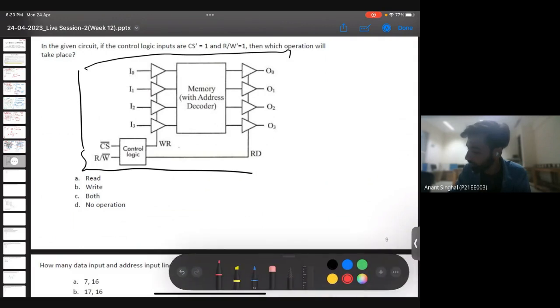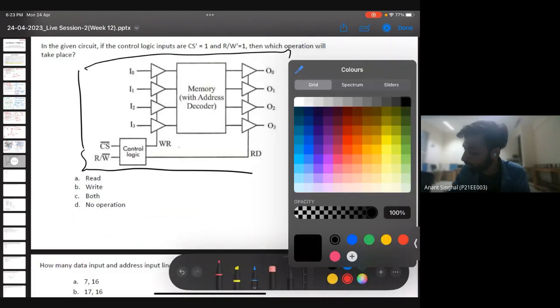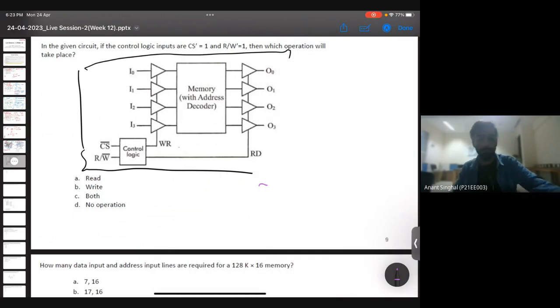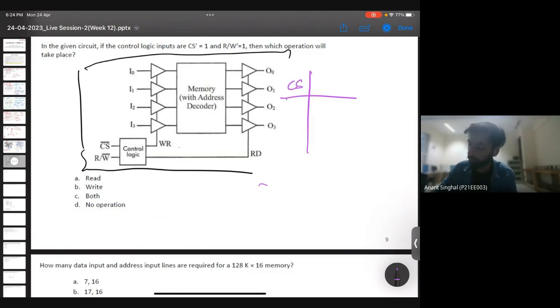We have a truth table in which we have CS, read by write, then write and read.